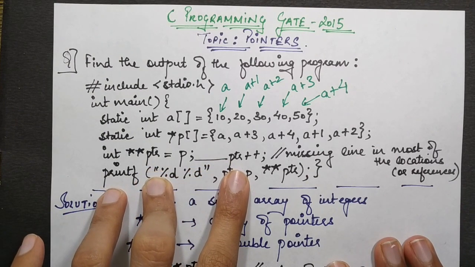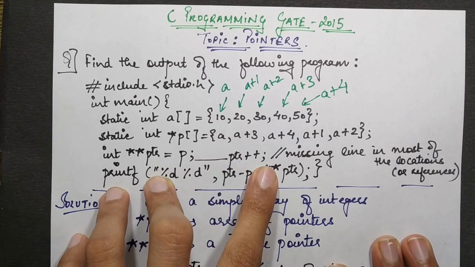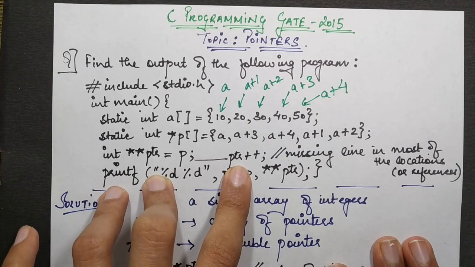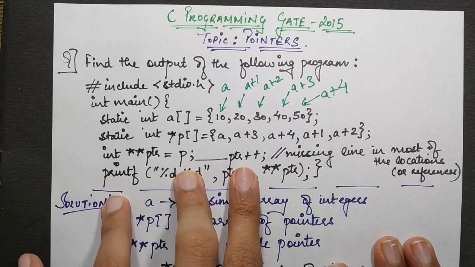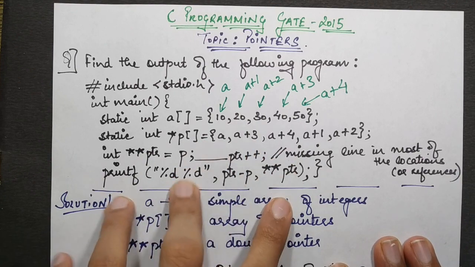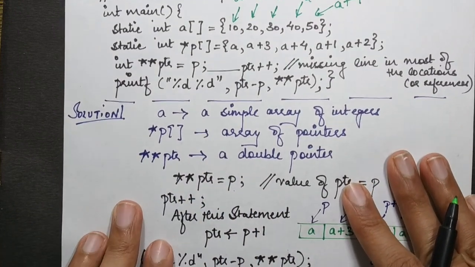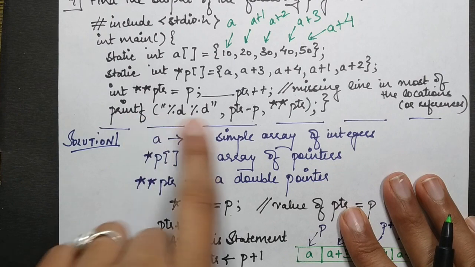Let's see what's coming next in this question. We have PTR++ over here, which means that we are incrementing the contents of PTR. Finally you have been told to print some things.